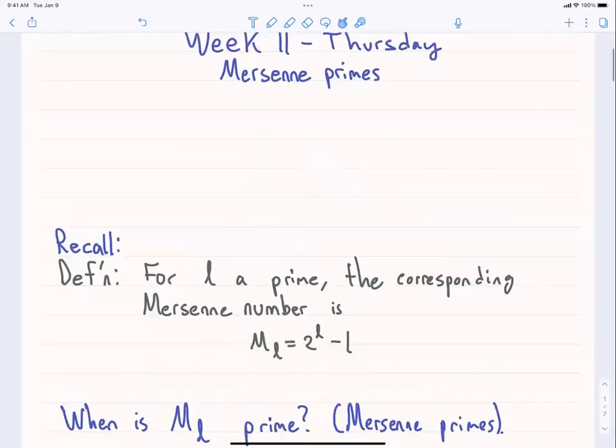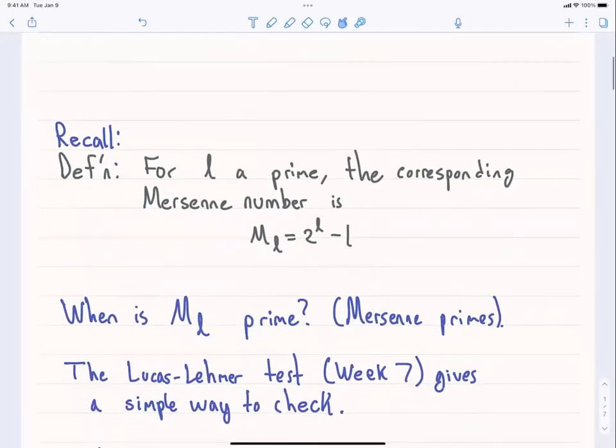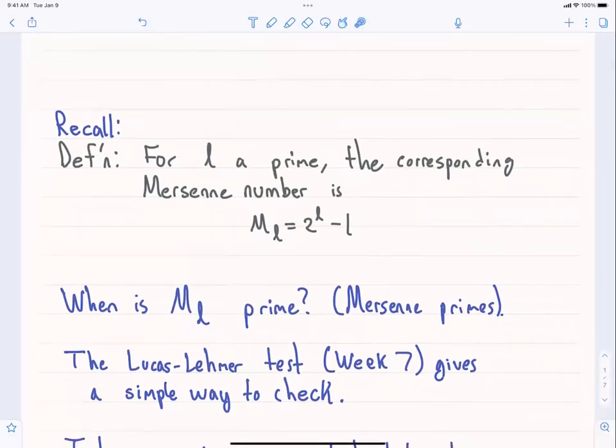Let me just recall that if we have a prime number L, then the corresponding Mersenne number, which I write as M sub L, is 2 to the L minus 1. Then we asked the question, when is M_L a prime number?